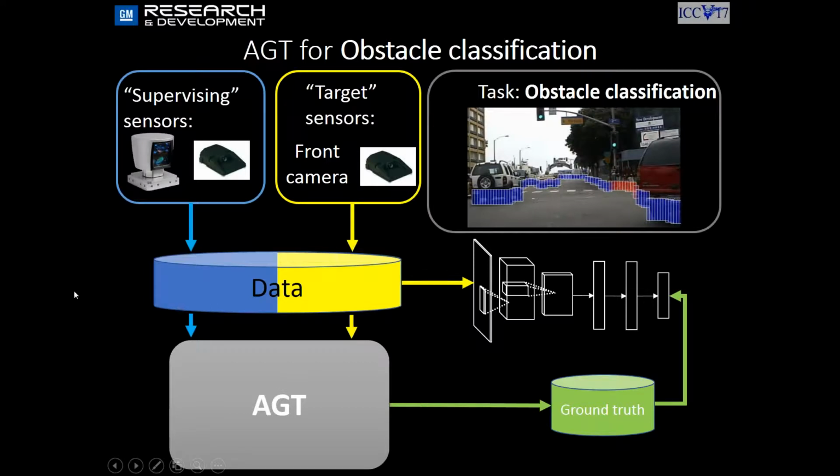Okay, a second application that we tried is to do obstacle classification. So now that we have detected the obstacles, we want to know not only that there is an obstacle, but also what its class is. So in this case, we used both the camera and the LiDAR as the supervising sensor.